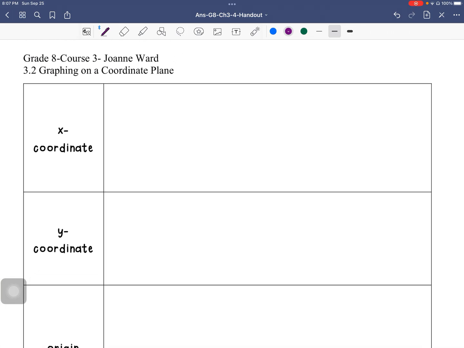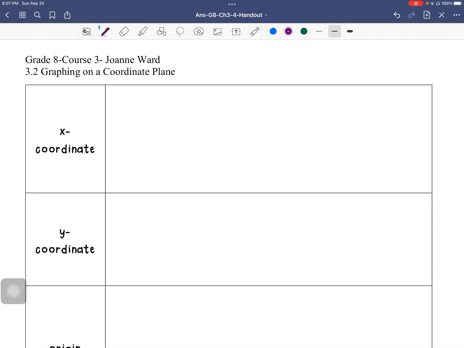So now I have the x coordinate. What is the x coordinate? The x coordinate is the first number in an ordered pair.